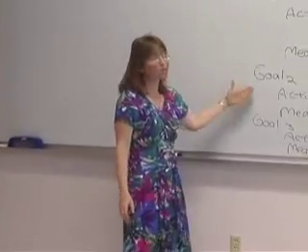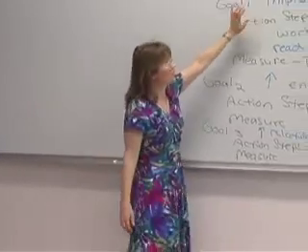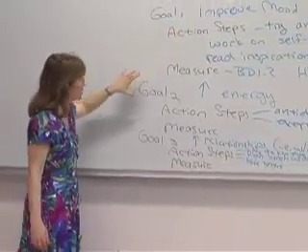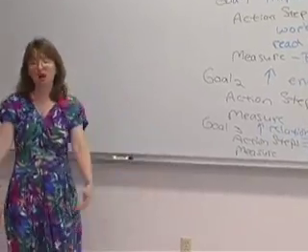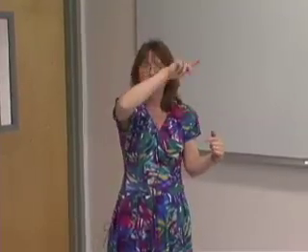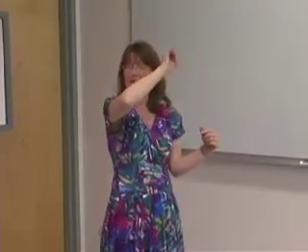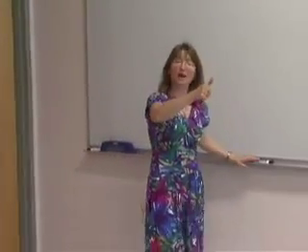Now you could take this whole thing and you could do a goal attainment scale. Goal 1, improve mood. Goal 2, increase energy. Goal 3, improve relationship with daughter. There you are. Import it directly into a goal attainment scale and put different levels of attainment and simply have her put in the target date or somehow indicate that this is where I am this week, this is where I am the next week, this is where I am the following week.